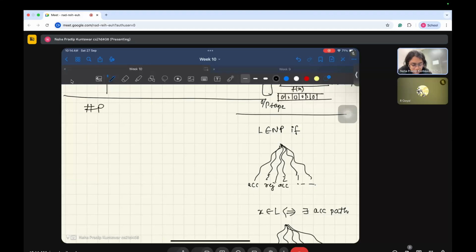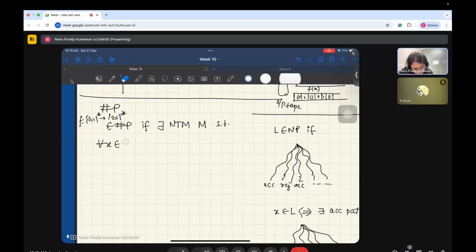What sharp P says is that a function f from {0,1}* to {0,1}* is in sharp P if there exists a non-deterministic Turing machine M such that for all x, the number of accepting paths of M on x is equal to f of x.